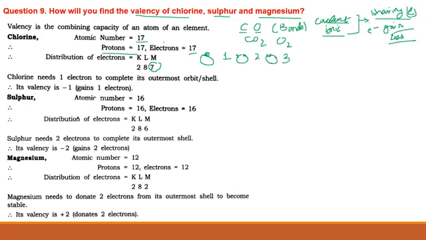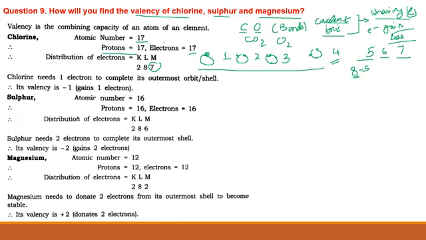Up to 3, atoms can afford to lose electrons, right? 4 electrons in the outermost shell, valency is 4. But with 5, 6, or 7 electrons in the outermost shell, we cannot calculate the valency like this. When there are 5 electrons in the outermost shell, the valency is 8 minus 5.